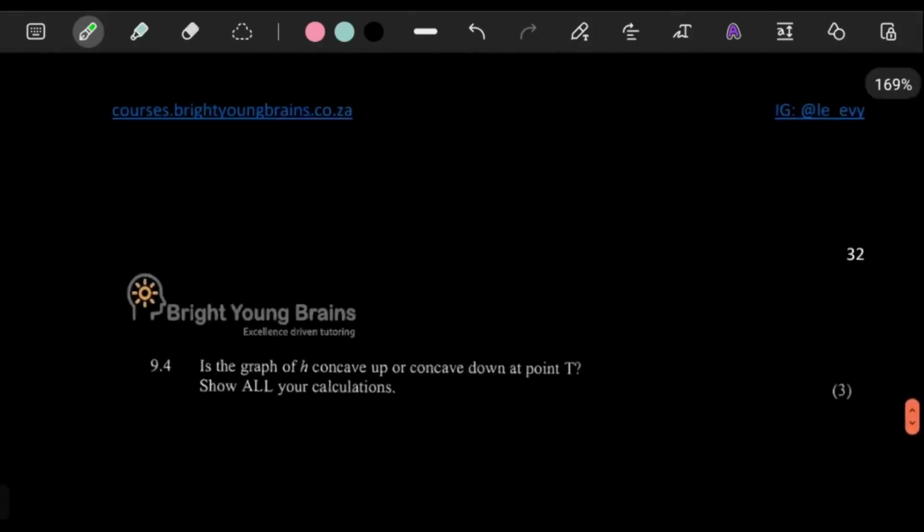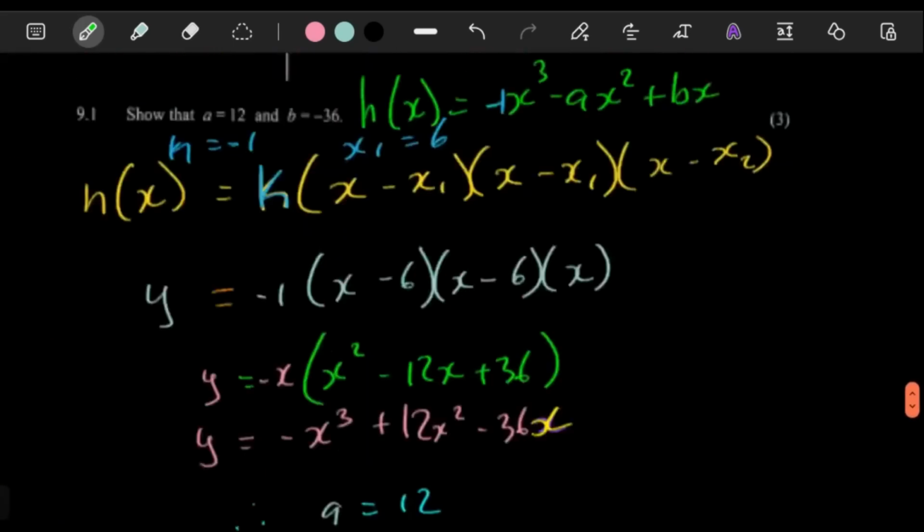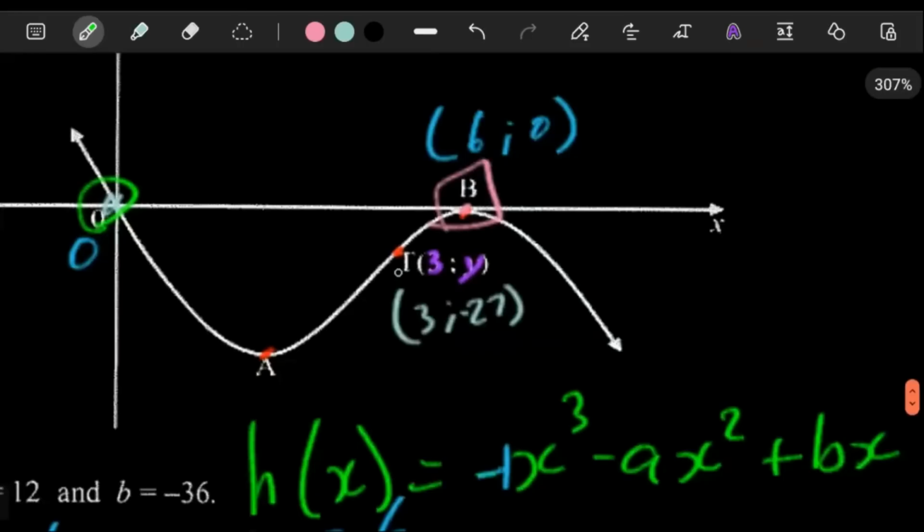Moving on, 9.4 says, is the graph of h concave up or down at point T? Well, it looks like it is concave down. The reason why it is concave down at T is because the one x value here is at 2. The other one is at 6.